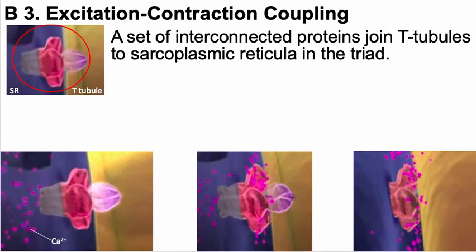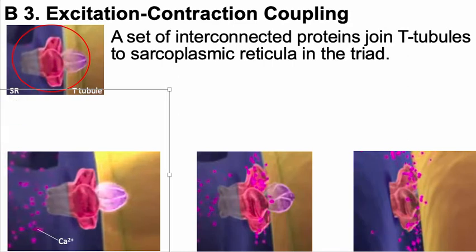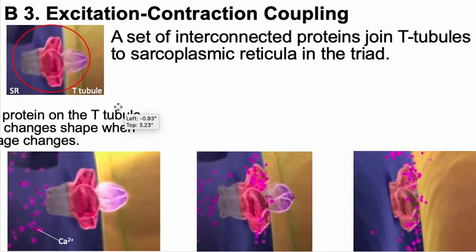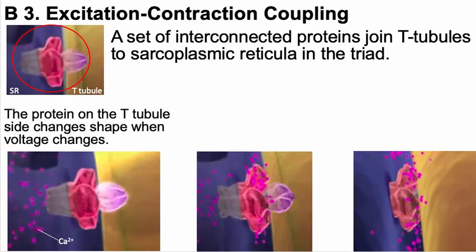It turns out that when you have an action potential come down the T-tubule, that leads to this protein complex changing shape.